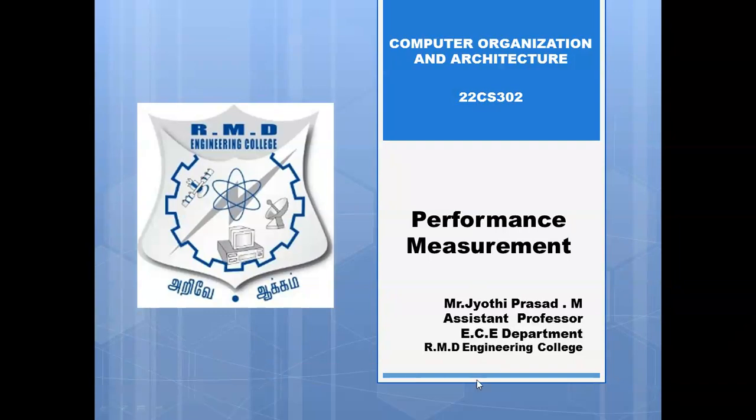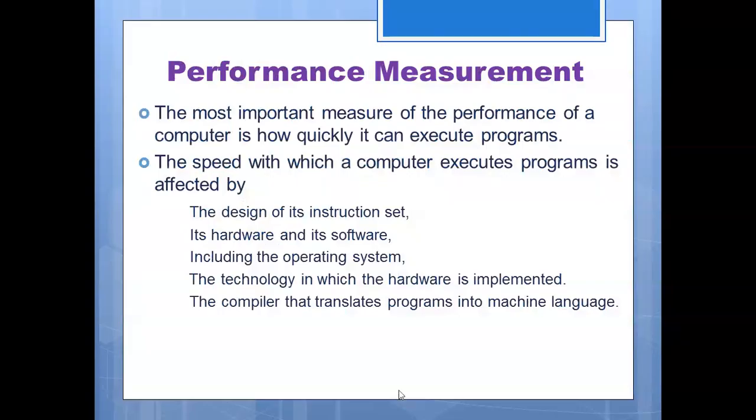In this video, we are going to discuss the performance measurement of a computer or a processor. Basically, the performance measurement depends upon various factors like those listed here. The most important measure of performance is how quickly the computer or the processor is going to execute programs.